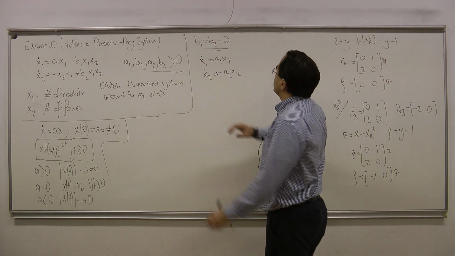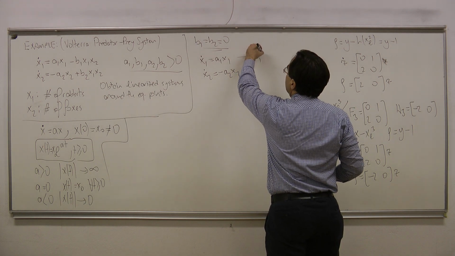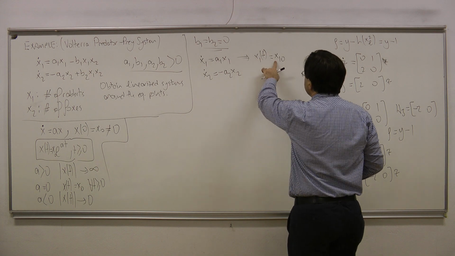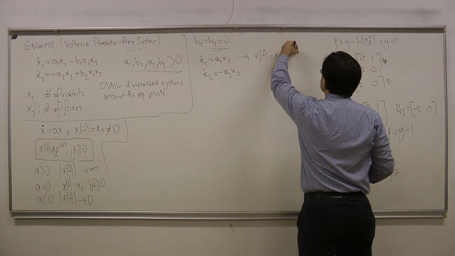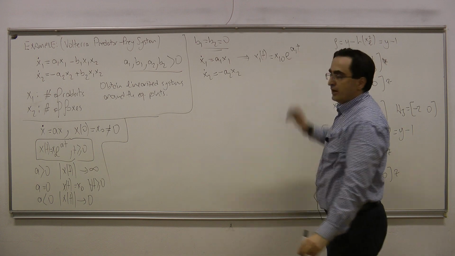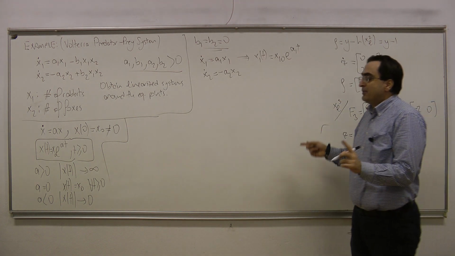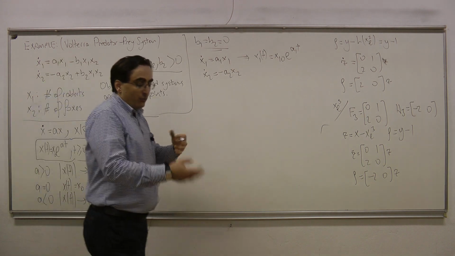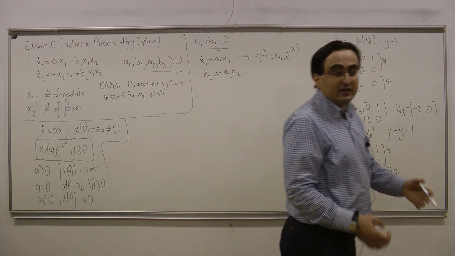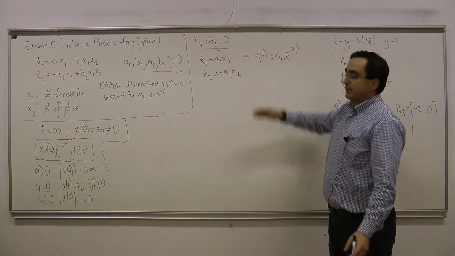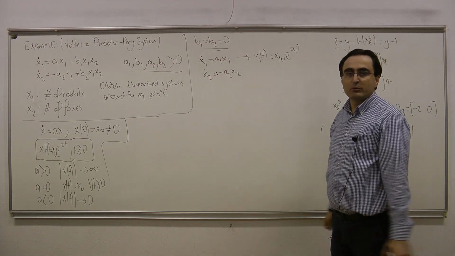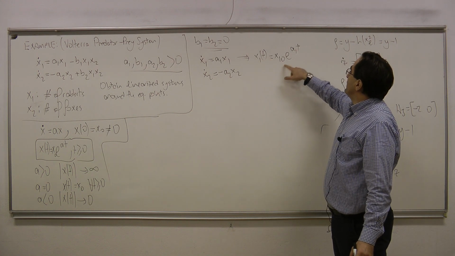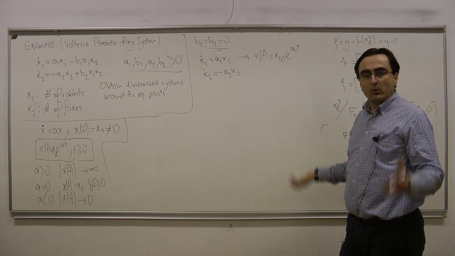So I see that in this case, x1 of t is equal to x1 0, the initial number of rabbits, times e to the a1 t. a1 is positive, so when the foxes and the rabbits do not interact, that means that foxes will not be able to eat rabbits. So I see that x1 is x1 0 times a growing exponential.